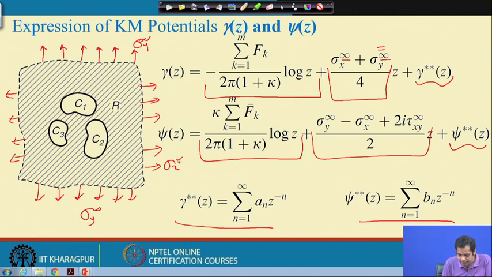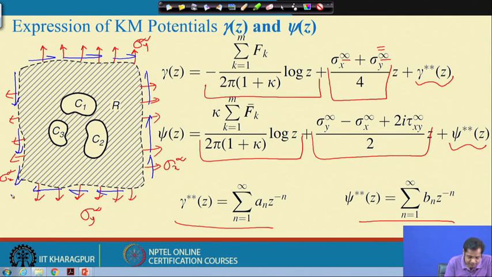This is sigma x infinity. It means that at infinity, if you fix this as the boundary at infinity, then what is the stress on that? Similarly, tau xy or sigma xy is essentially if you have some stress like this, these are the stresses at this. So, this is sigma xy infinity or tau xy infinity, it's the same thing. So, this is the expression of gamma z and psi z.